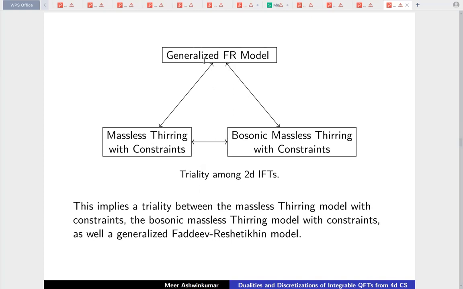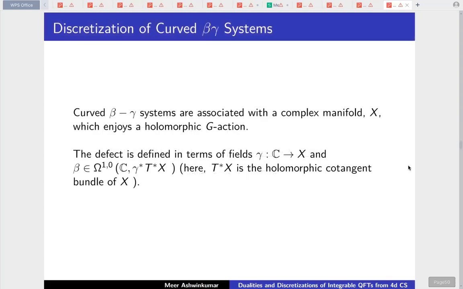Either it's a generalized Fourier-Fresher-Tikin model, or it's a bosonic Massive Thirring model with constraints, or it's a fermionic Massive Thirring model with constraints. And what this means is that the discretization that we have derived implies a triality among three two-dimensional integrable field theories. So this is our first main result. And this is a rather deep result, I think, and deserves further investigation.